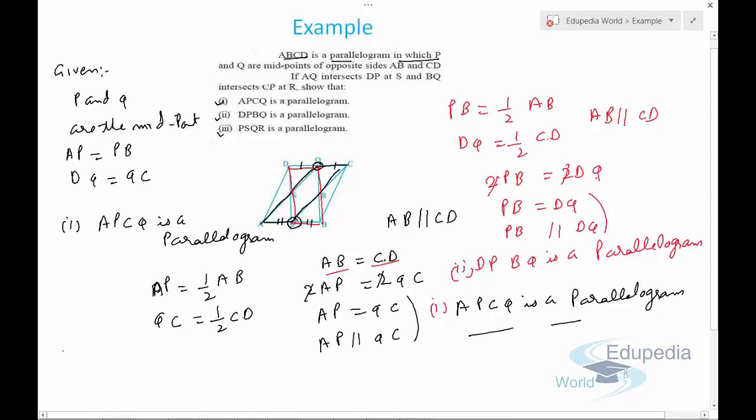Now let's discuss the last part, the third part, which is also very interesting. For the third part, we need to prove that PSQR is a parallelogram.